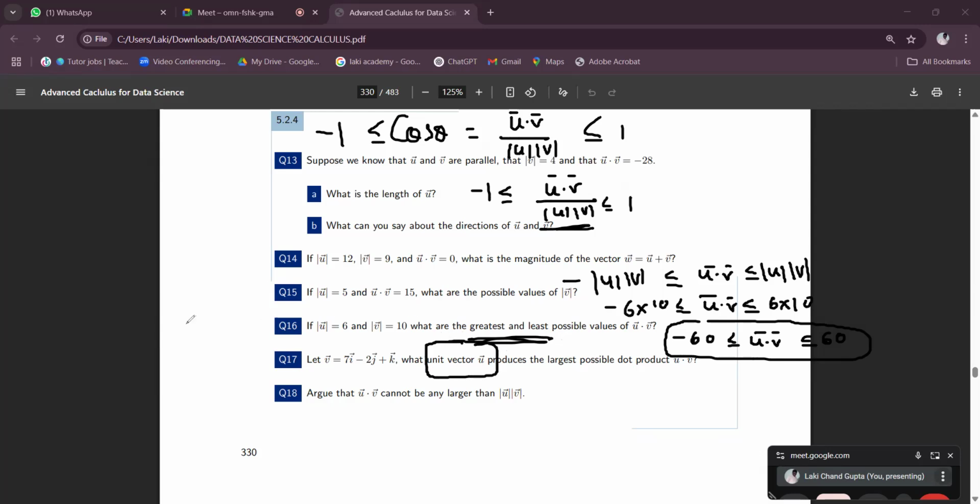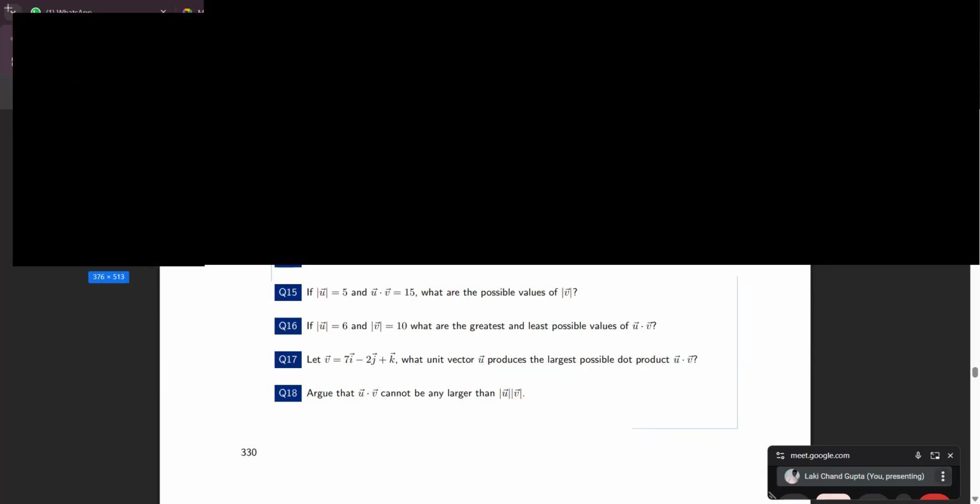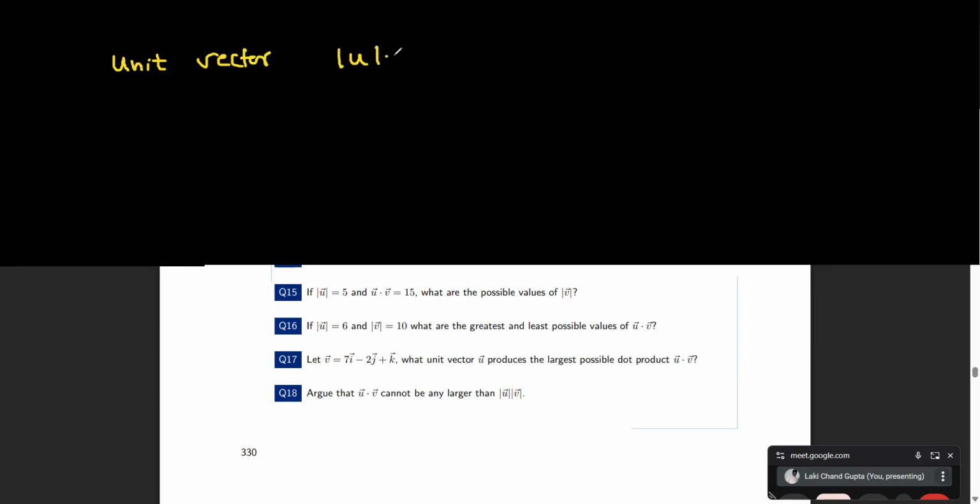What is a unit vector? I know that we have this concept, but I don't know exactly what it means, to be honest. Any vector whose length is 1 is called a unit vector.